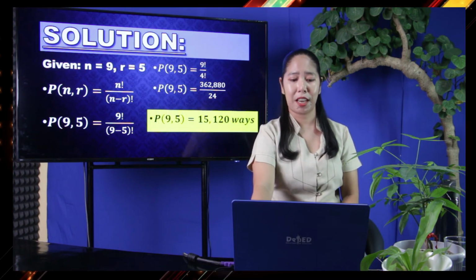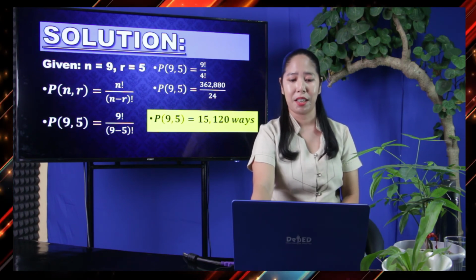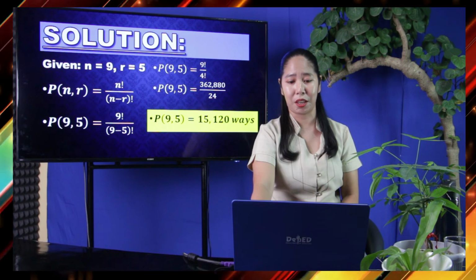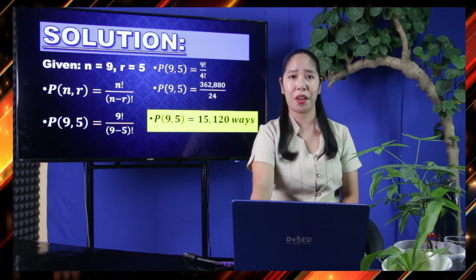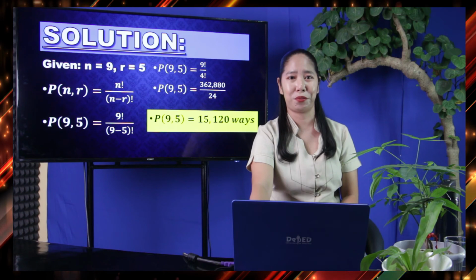Therefore, the permutation of 9 English books taken 5 at a time is equal to 15,120. So 15,120 ways to place 9 English books on a shelf.